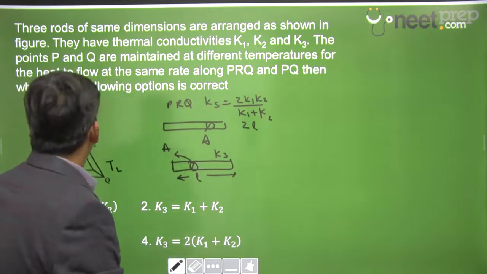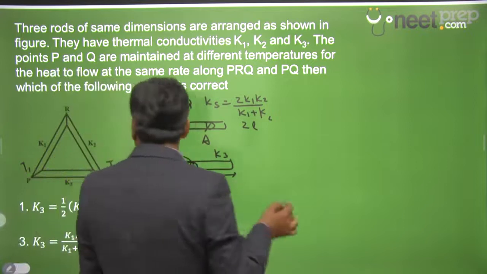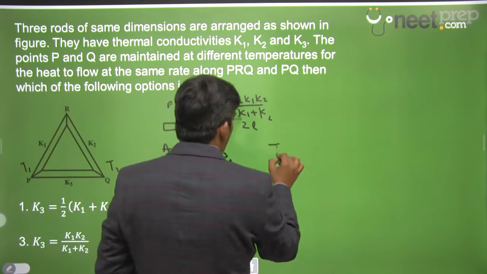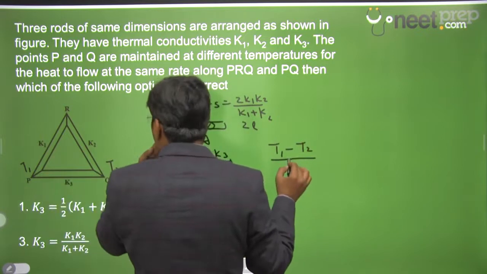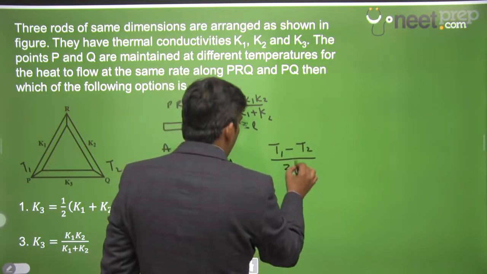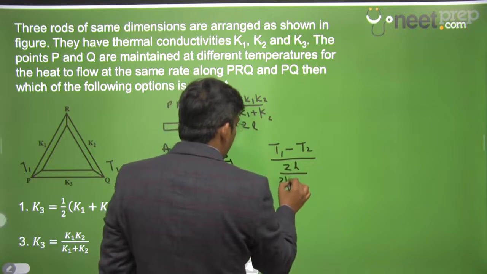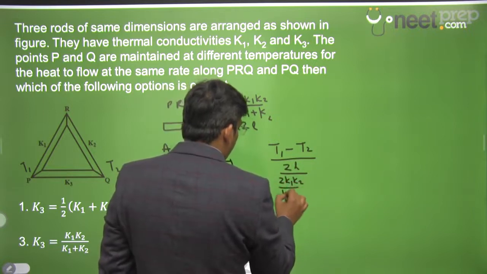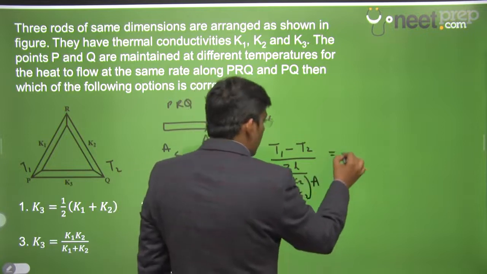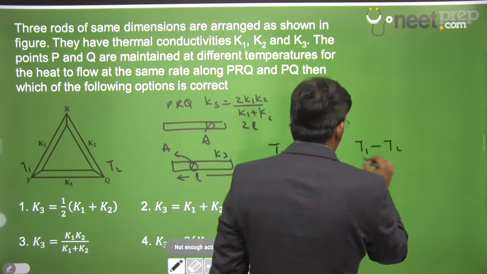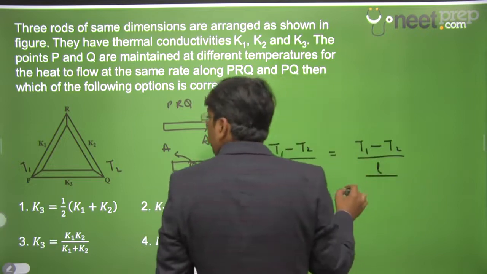Now let us equate the rate of flow of heat. So this is (T1 minus T2) divided by the thermal resistance of the above part, which is 2L divided by (2K1K2 divided by K1 plus K2) into area, equals (T1 minus T2) divided by L by K3 into area.